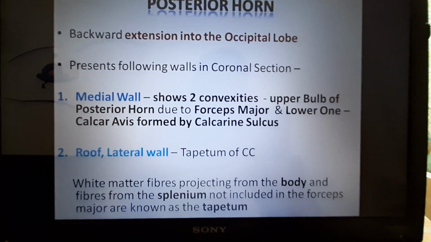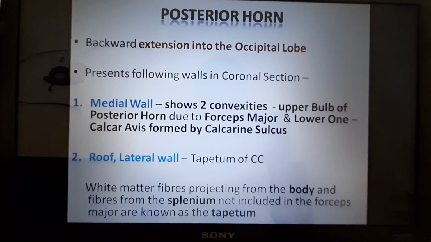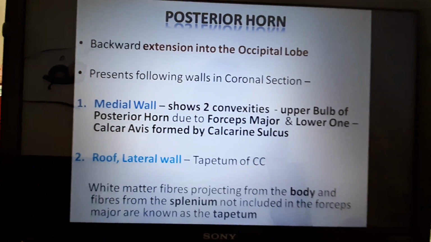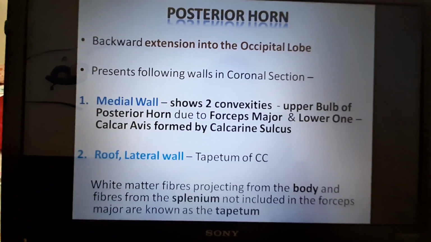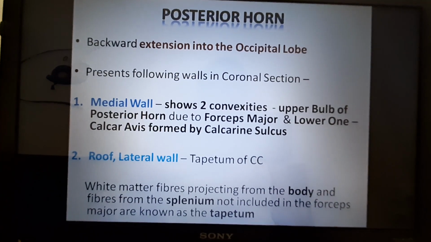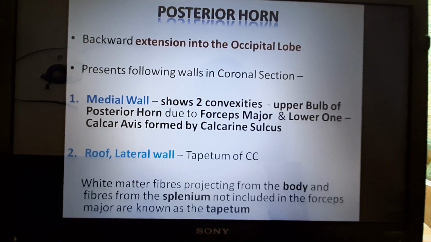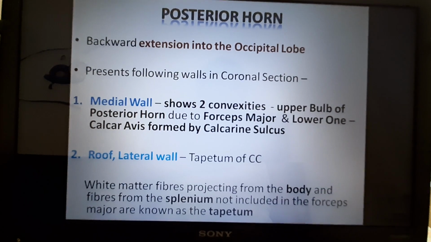Now we come to the posterior horn. As I told earlier, it occupies the occipital lobe, and it presents the following walls in coronal section. In the medial wall of the posterior horn, there are two convexities formed by two structures. The upper convexity is called the bulb of the posterior horn.